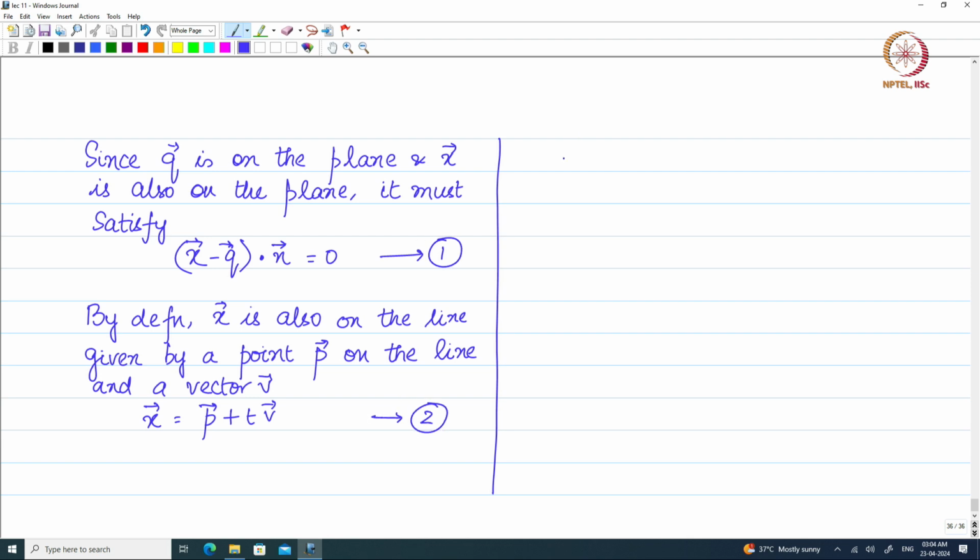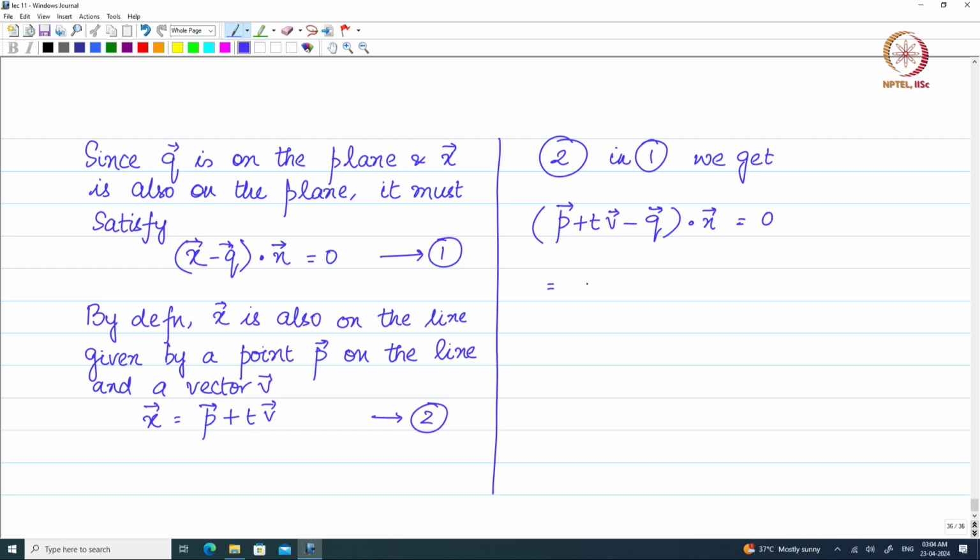Now, substituting 2 in 1, we get p plus tv minus q dot n is equal to 0.